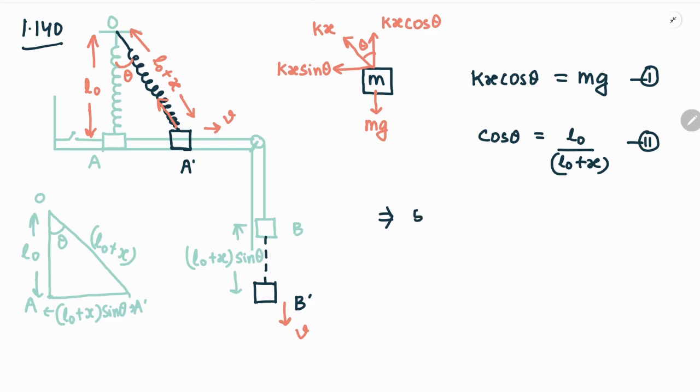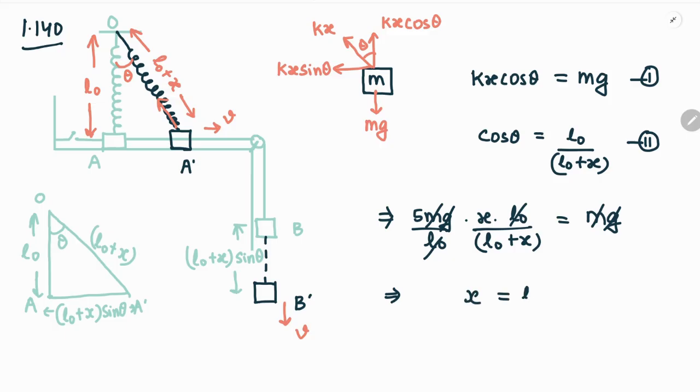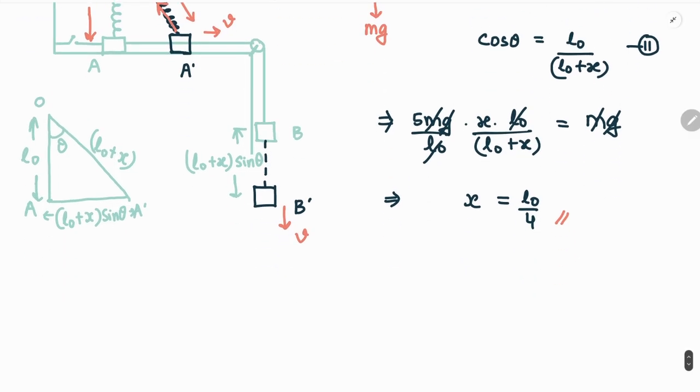So k is 5 mg by L0, cos theta is L0 upon L0 plus x, and this is equal to mg. On solving we obtain x equals L0 by 4.